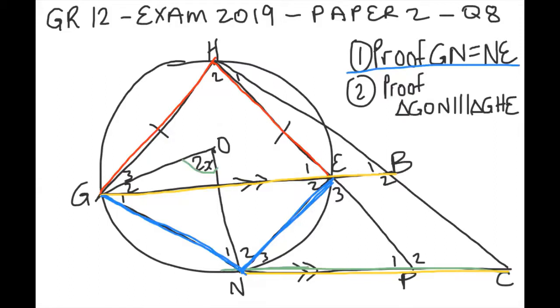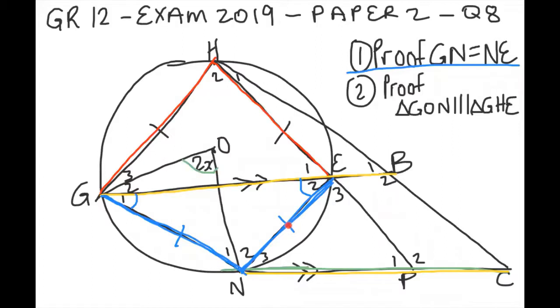So what I am going to try to prove is that this G1 equals E2. Because if I can prove that, then this is an isosceles triangle, meaning these two lines, GN and GE, will be equal to each other.